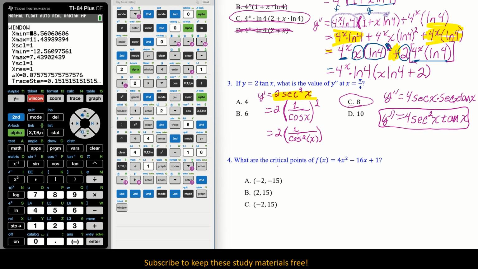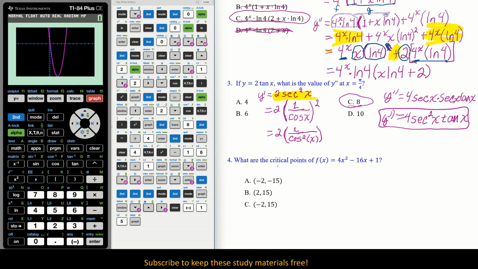Let's see. I would like to only deal with my minimum of y. Let's clear it out and say minus 15. Now let's graph. Much better. And it looks like we have a minimum at 2.